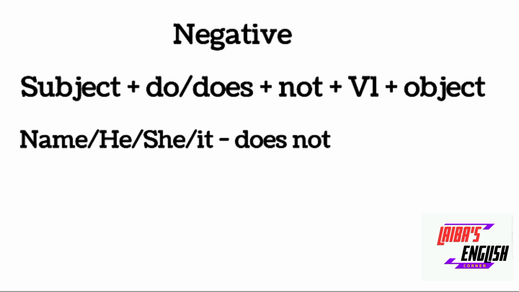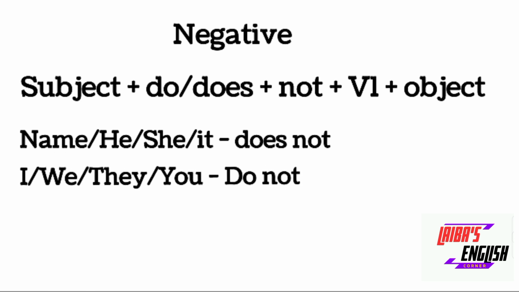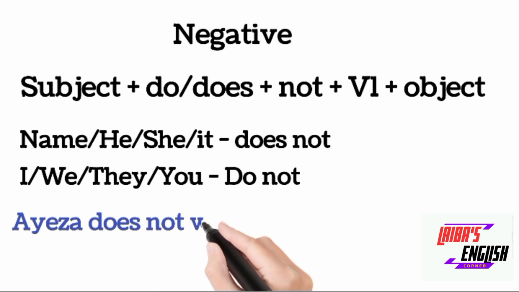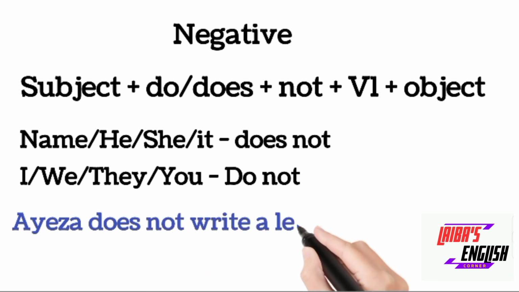Whenever we have name, he, she, it, we use does. But whenever we use I, we, they, you as a subject, we use do. As we have seen, S and ES is automatically connected with does, like do plus ES is does.